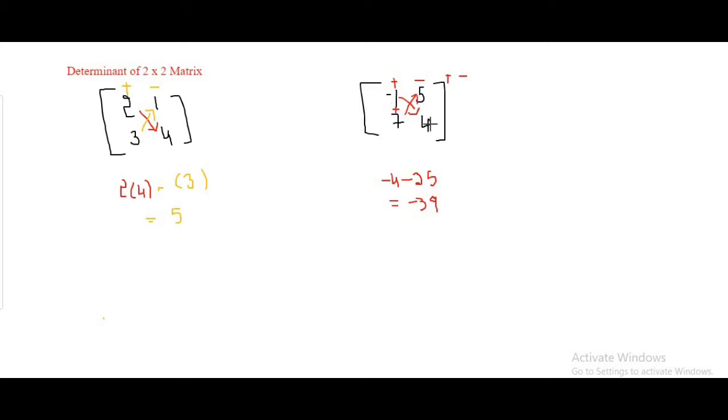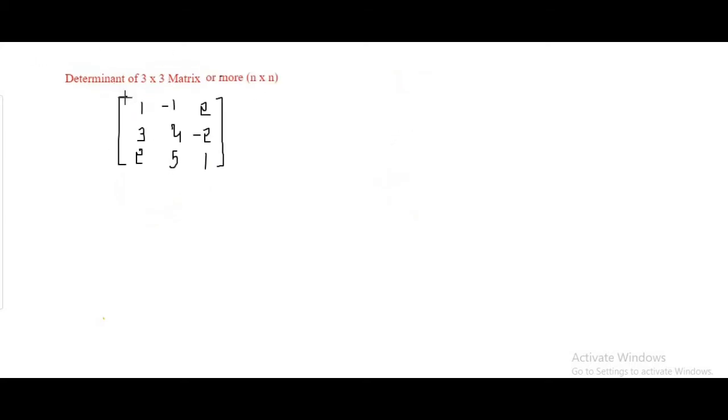Now let's try to find the determinant of a 3 by 3 matrix, or any matrix that is greater than 2 by 2. Initially, we will take the first row as the reference row, and we take each element in the first row and remove the corresponding row and column which the element belongs to.